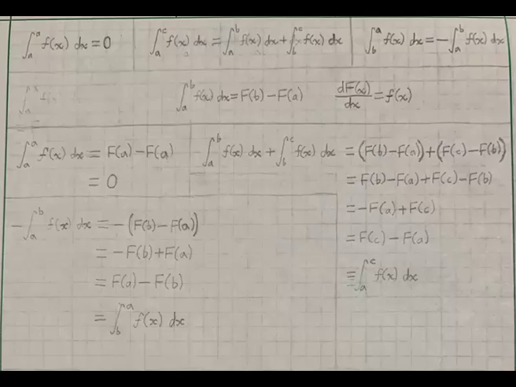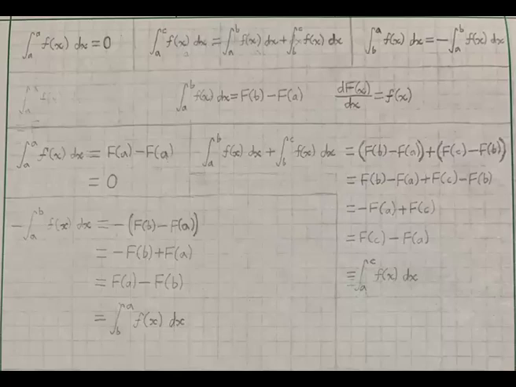We can get rid of some of the parentheses, and then we notice that there's a big F of b and a minus big F of b, so those cancel out. Reorder the terms and then apply the fundamental theorem of calculus again. The integral from a to c of f of x dx is equal to big F of c minus big F of a. So we can apply that equality the other way around. Again, so far so good.